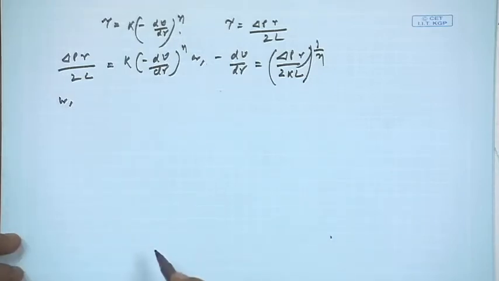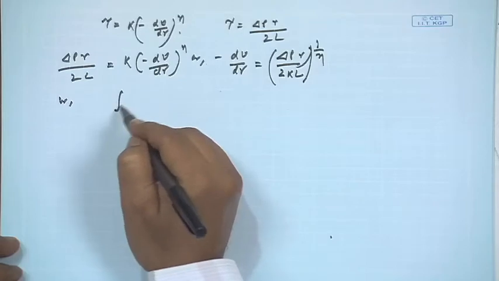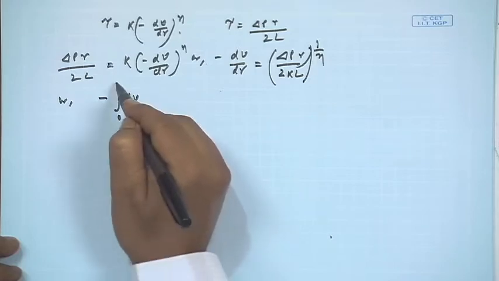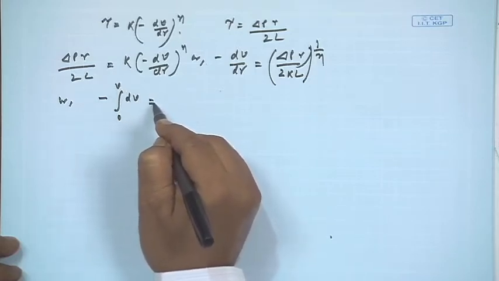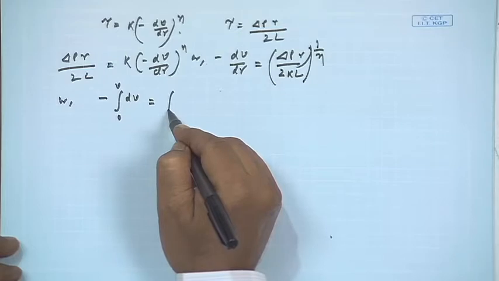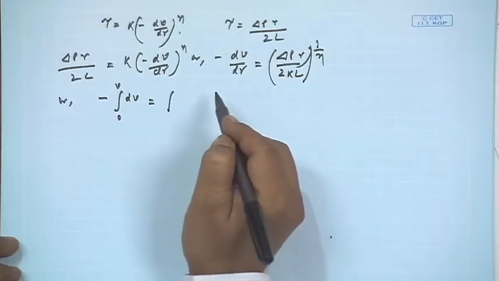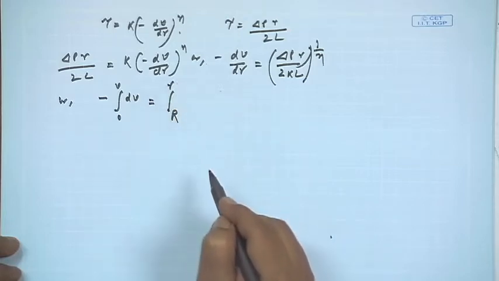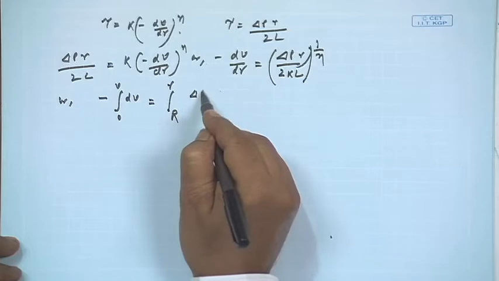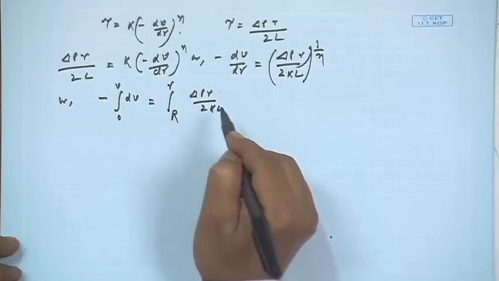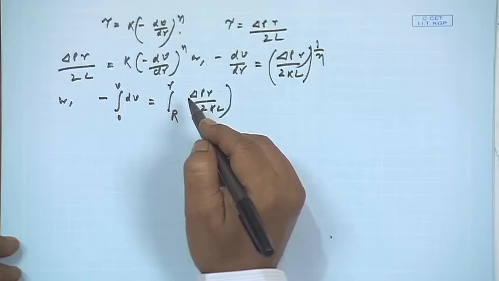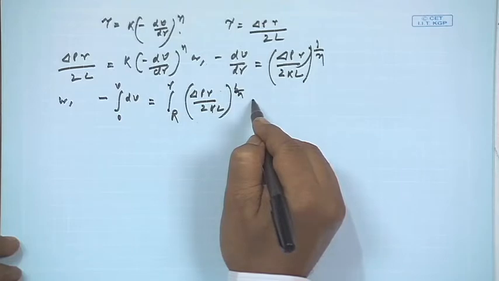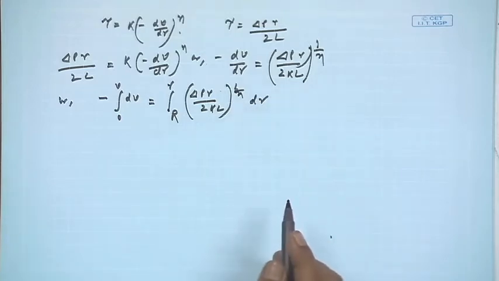Or we can write that, integrating minus dV between 0 to V, this is equal to integrating between r equals capital R to small r, (delta P r by 2 k L) to the power 1 by n into dr, right.